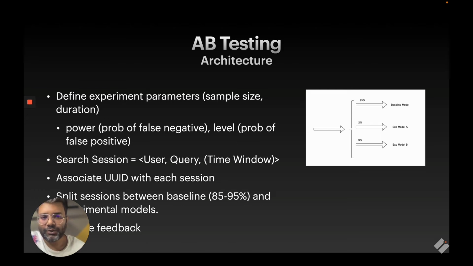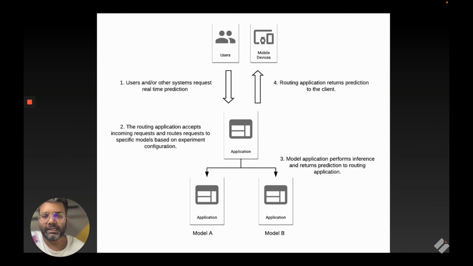Now, when it comes to defining your architecture, the software architecture around how A/B testing is done, there are really two ways to do it, right? And the diagram is about the second and the better way, but I'll also speak a little bit about the first and a more rudimentary way, right?